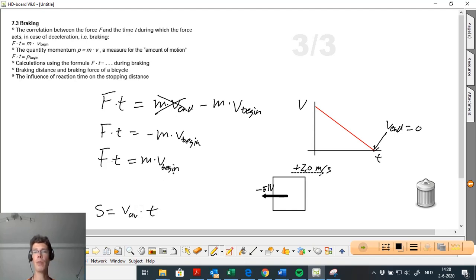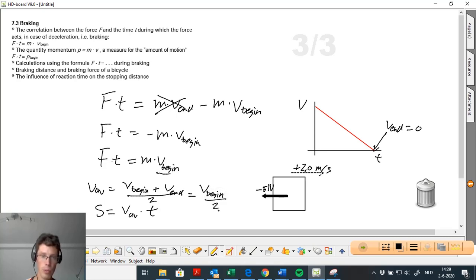However, with this formula you calculate V begin and not V average. V average can be calculated by taking V begin plus V end and dividing by 2. When you're braking to a standstill, it becomes even easier because V end is 0. So you get V begin divided by 2 and the V end disappears.